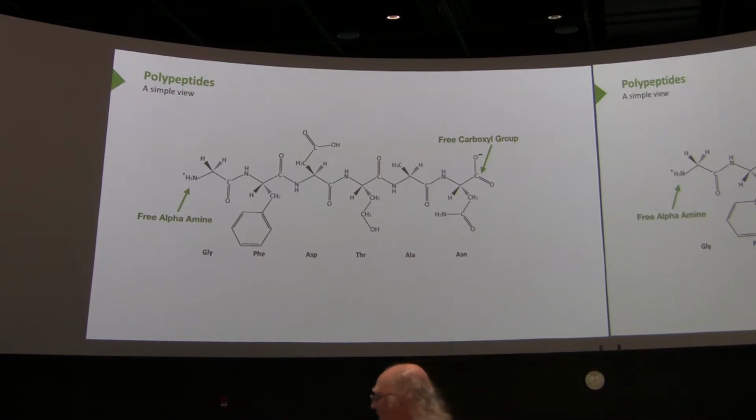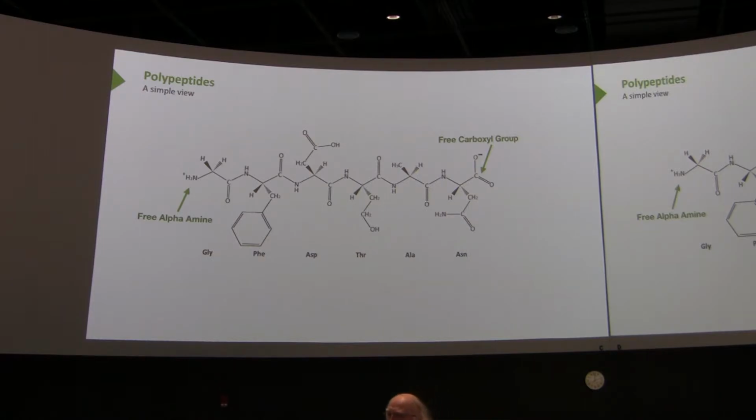So are those the only amine and carboxyl groups we find in a protein? No, because we have R groups, right? Now, I've just told you a real cool secret about proteins. When you go to calculate the charge of a protein, I've just simplified a lot of things for you.